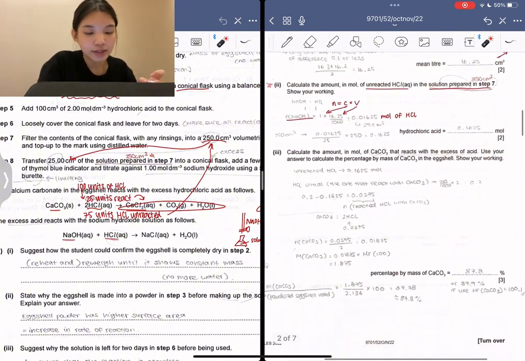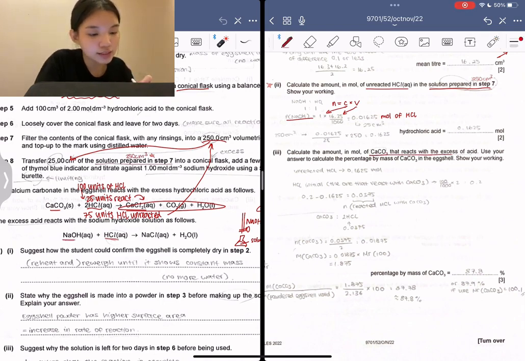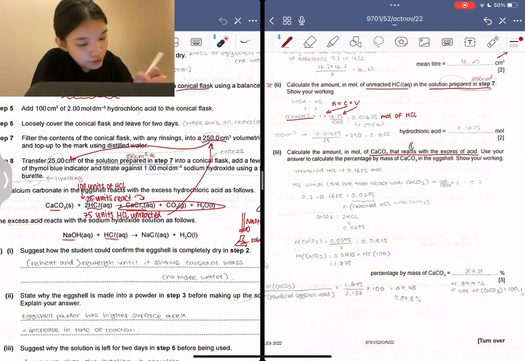Then III, calculate the amount in mole of CaCO3 that reacts with the excess of acid. Use your answer to calculate the percentage by mass of CaCO3 in the eggshell. Show your working. So first, you want to calculate the amount in mole of CaCO3. Second is to calculate the percentage by mass.